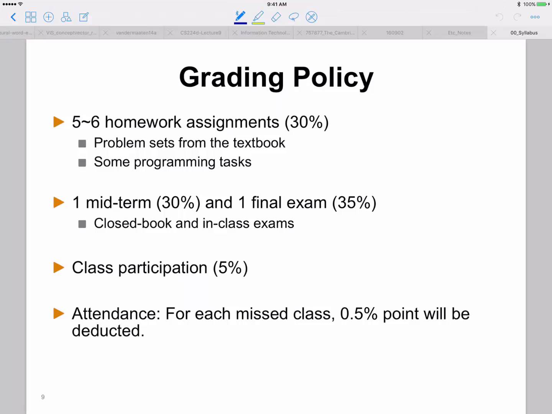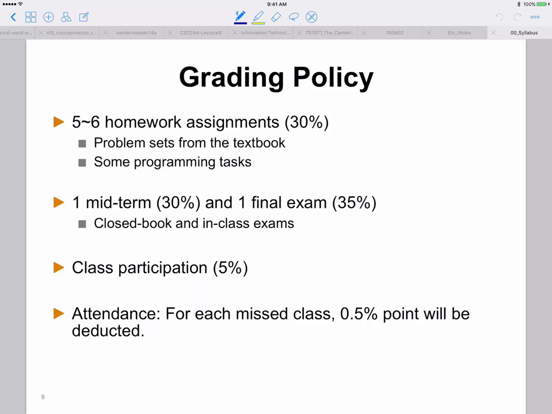Okay, and then the attendance. This is definitely a probability and statistics course, so I'll actually sample a subset of you to check the attendance. It will be exactly the same as the previous class that I had. If you are familiar with such an attendance checking style, then it will be exactly the same.